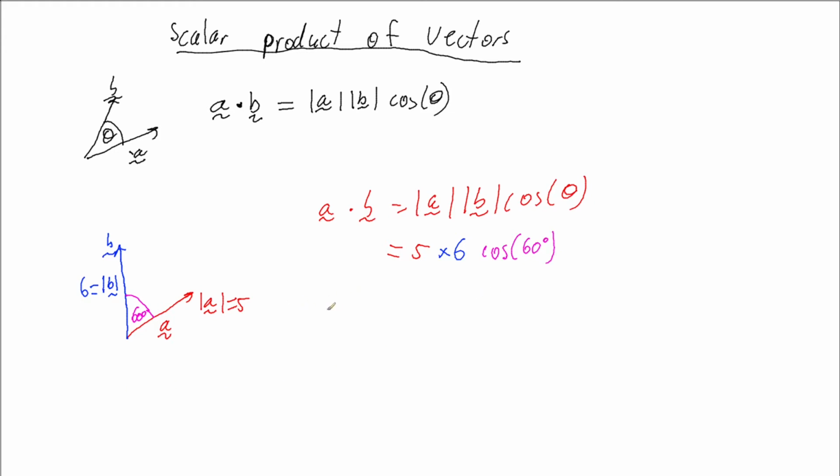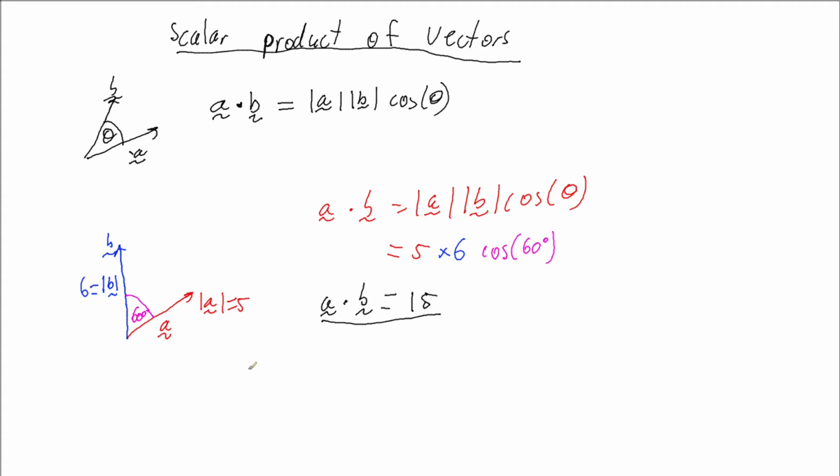Putting it in a calculator, or knowing the fact that cos of 60 is a half, we find the answer is 15. So the scalar product between these two vectors is 15.